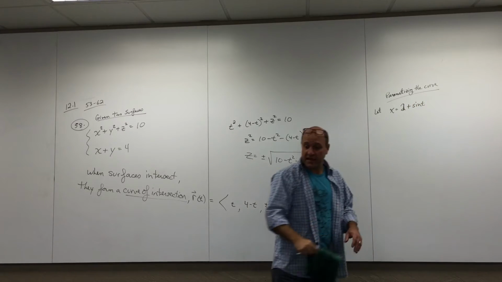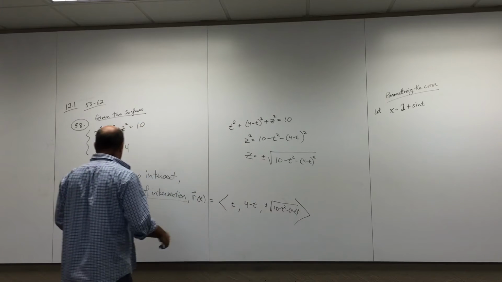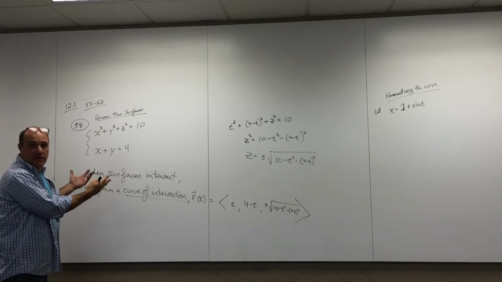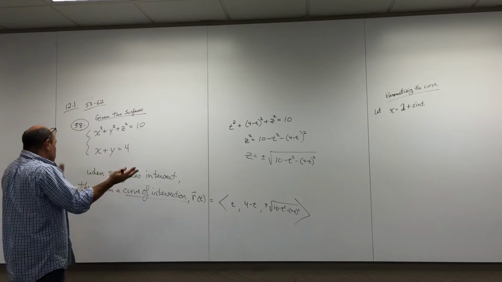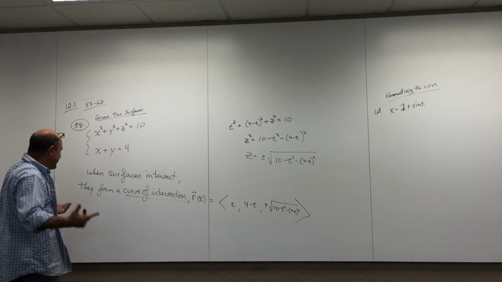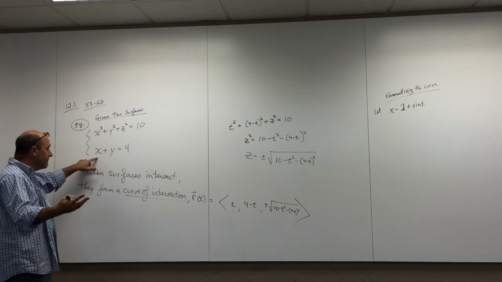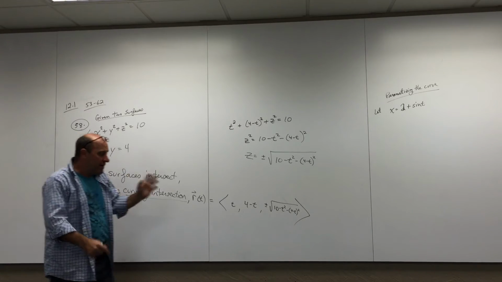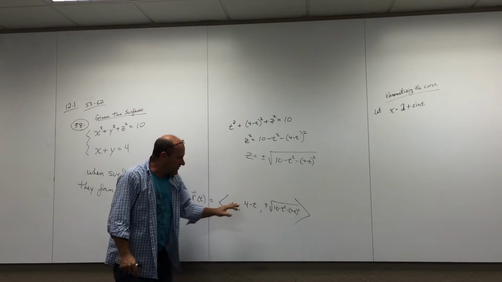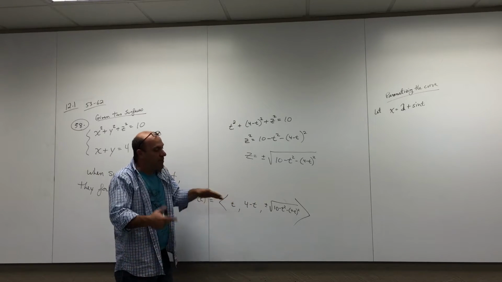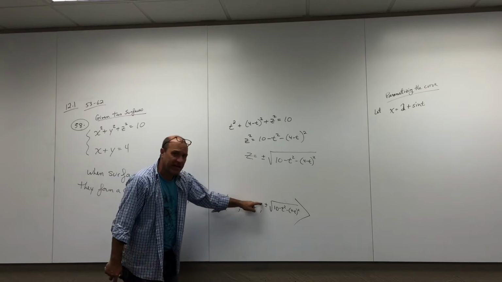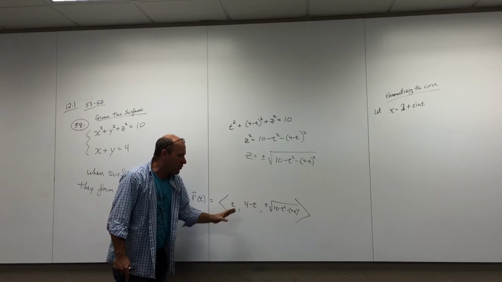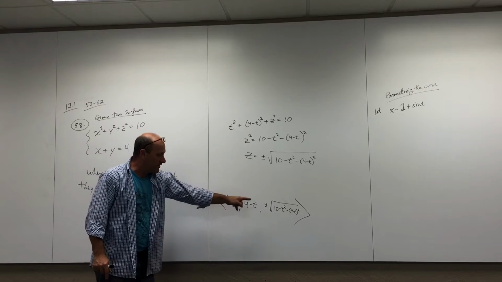If I'm just thinking out here in the world like I do, I wouldn't have come up with that. So I did what I came up with, because this always works. Let x be t, get y, and then you plug in, you get z. But this is not the most efficient parametric equation perhaps, because of the plus and minus and the square root, things don't plot out that well with this kind of stuff.